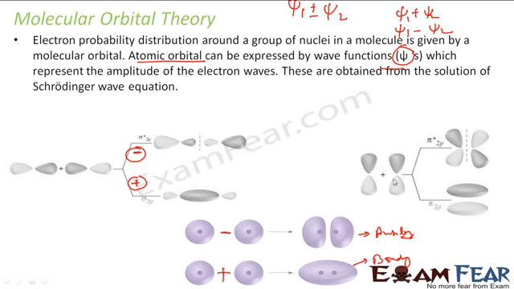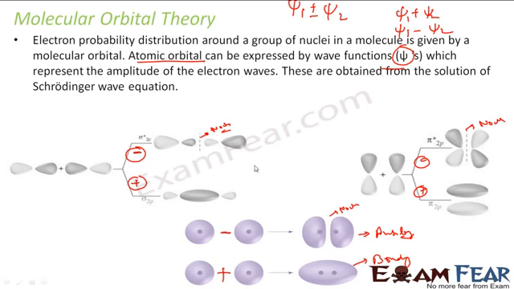Similarly here also, for addition, it will be something like this. For subtraction, it will be something like this. This dark and light color is just to show that it got flipped. For subtracting, this is plus, this is minus. You have to flip it and then add, right? If you flip it and add, it becomes something like this with a node here. Here also there is a node. Here also there is a node in the case of anti-bonding.